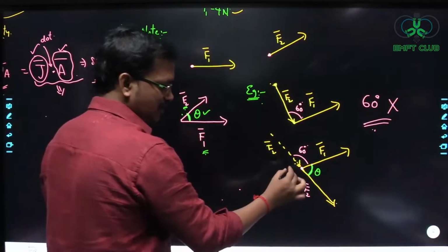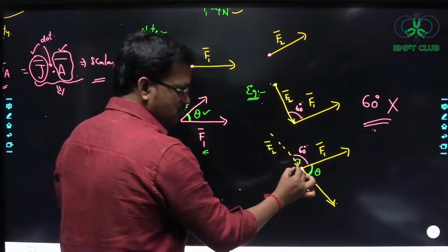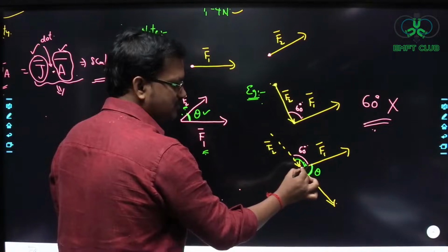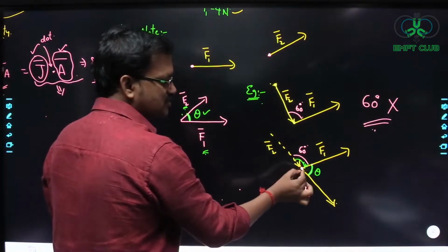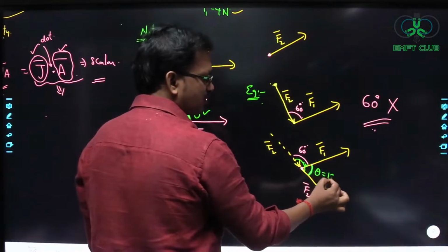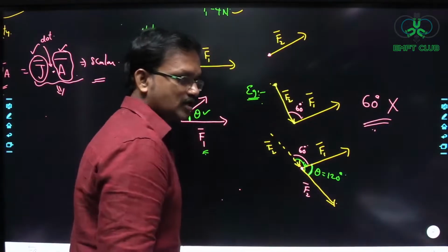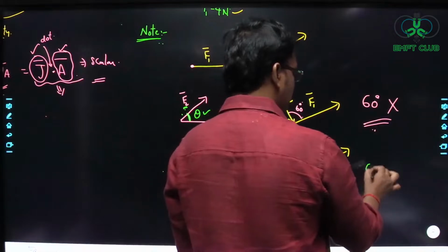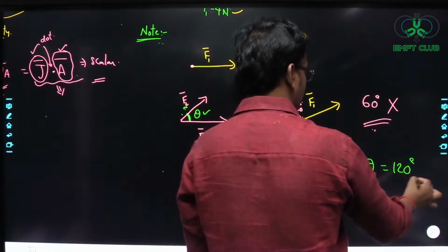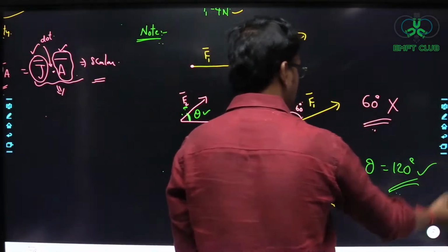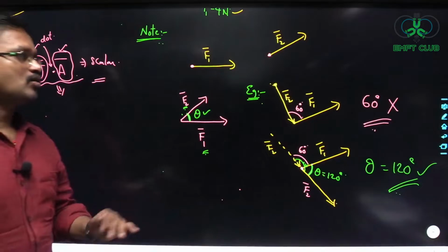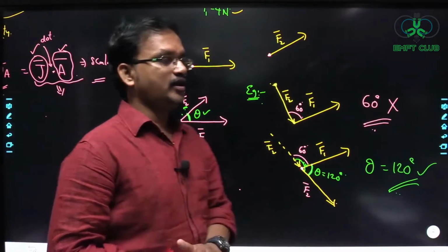The total angle from here to here is nothing but 180 degrees, and this is 60 degrees, so this angle theta will be 120 degrees. So here you have to tell the angle between F1 bar and F2 bar as 120 degrees. This is the right answer. This is how you have to measure the angle between any two vectors.